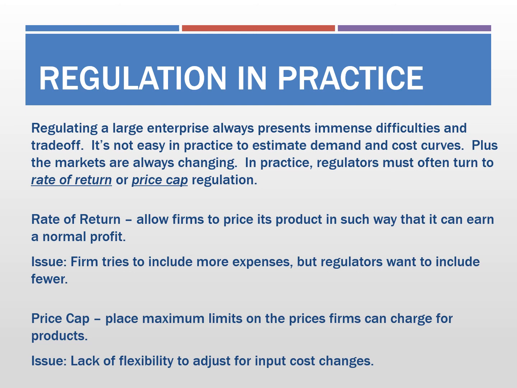One is called the rate of return rule. The rate of return rule basically allows firms to price their product in a way where they can earn zero economic profits or normal profits. However, as I have demonstrated in the graph, it seems like a very easy scenario, but there are just so many occasions that the firm will come back to the government and complain.